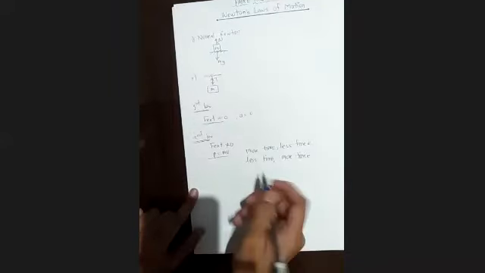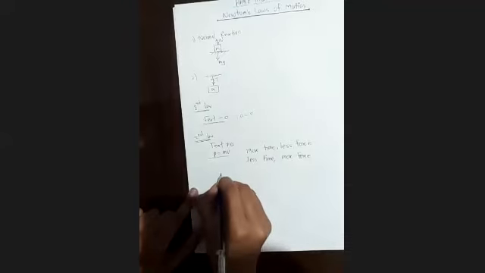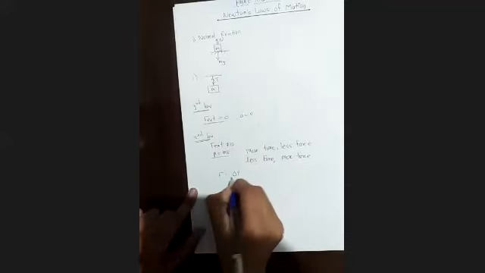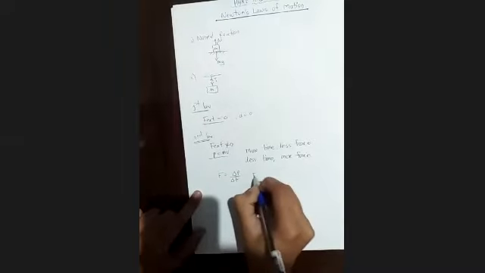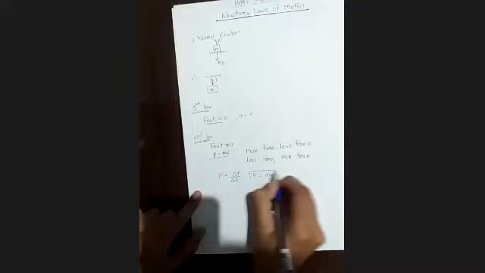Force is the rate of change of momentum with respect to time, that is F equals delta P upon delta T. By solving this, we get F equals M into A.